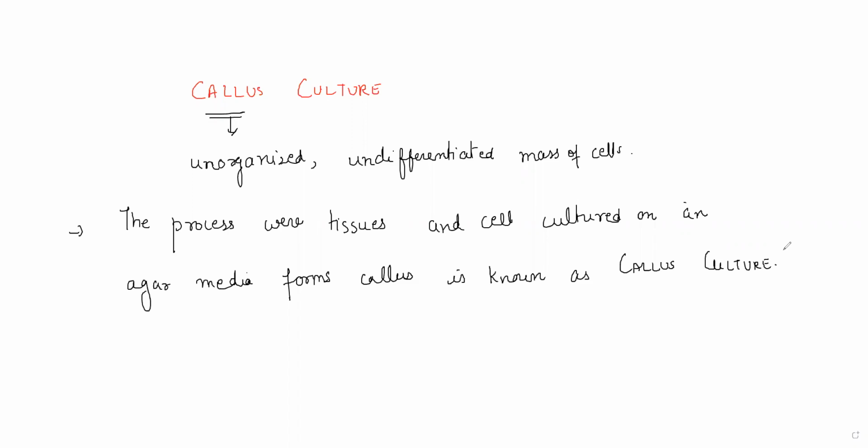So this callus can be initiated in vitro by placing small pieces of whole plants or explants onto a growth supporting medium under sterile conditions. Under the stimulus of endogenous growth regulators or growth regulating chemicals added to the media, the metabolism of the cells, which were in the quiescent state, is changed.